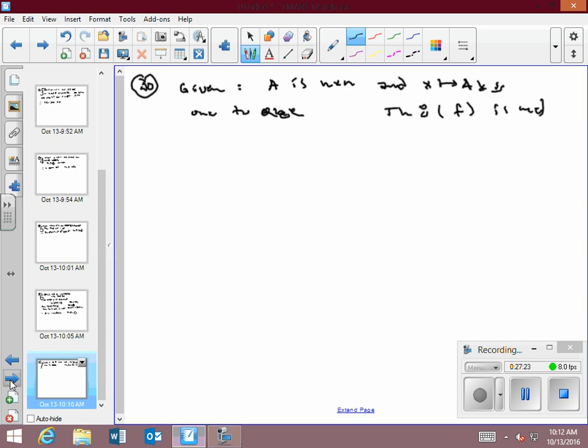Well, if you look in theorem 8, it's saying that the linear transformation x maps to AX maps Rn onto Rn.